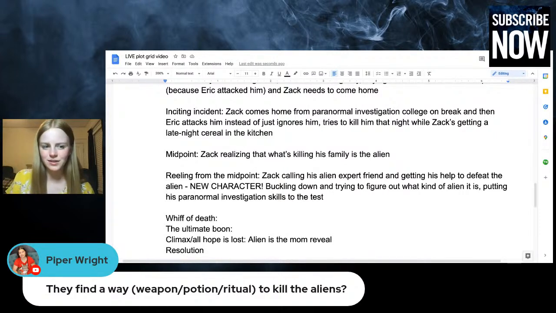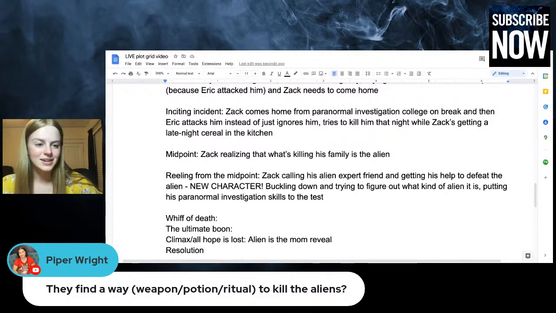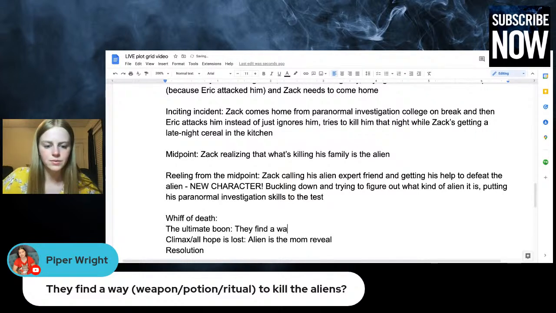And maybe they don't kill the alien, but they find a way to lock the alien in an urn or something. We can figure it out, because I don't know if we want to go into them actually killing their mom, the alien, but you know, everything is a possibility. It is kind of a dark story. But I like this. They find a way to kill the aliens, and we can put it here: they find a way to kill the aliens and it doesn't work.